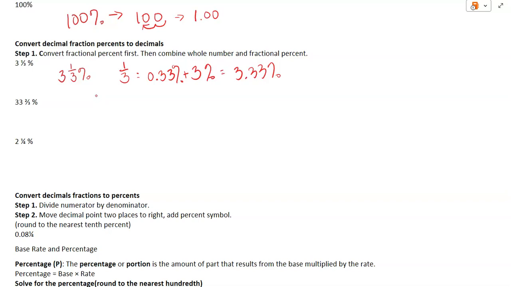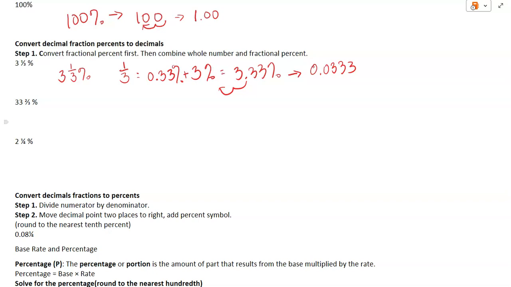Now that I have converted this into a decimal percent, I need to convert this into a decimal. Just like the previous example, I move my decimal place 2 over to the left, and that gives me 0.0333. So 3 1/3% is equivalent to 0.0333.